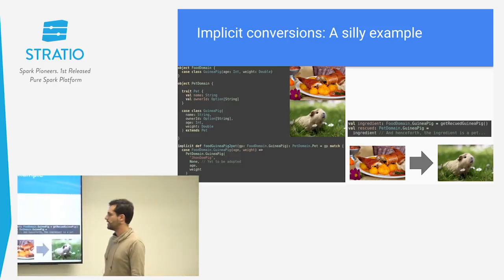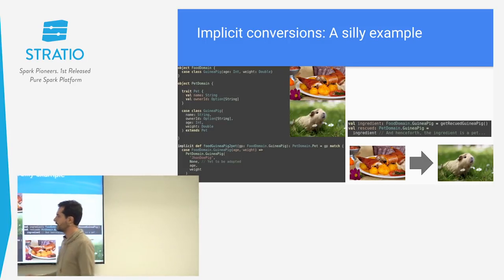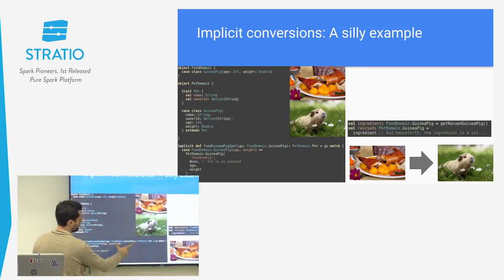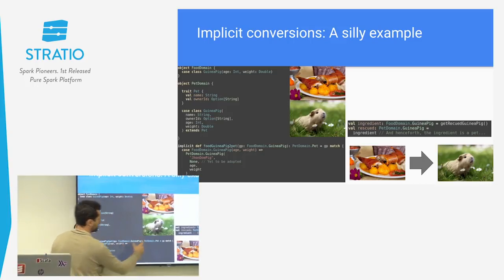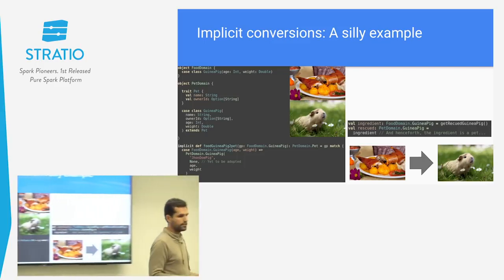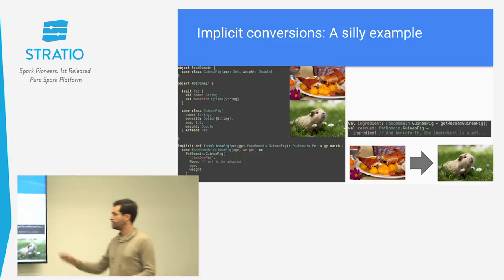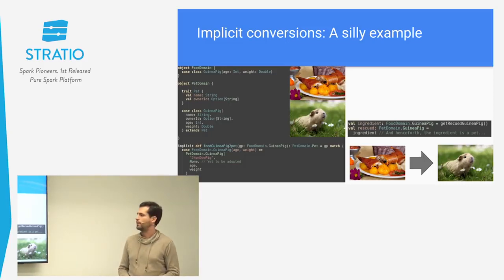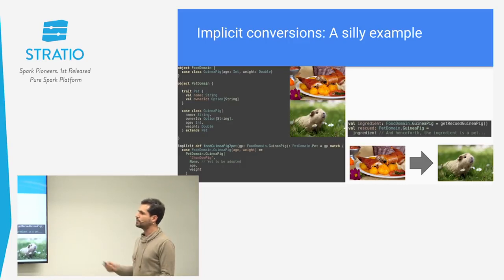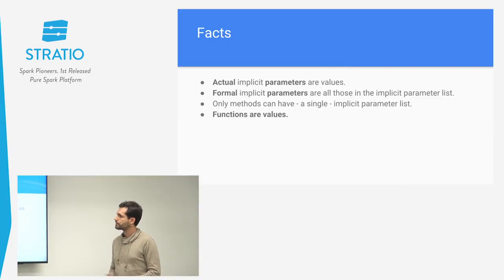He knows that because there is a function declared implicit receiving a food domain guinea pig and returning a pet. Just because the types fit, and that's a match in the types, it applies the conversion, and it saves us from receiving an error. So we have quite an advantage here. This is the obvious application of implicit conversion.